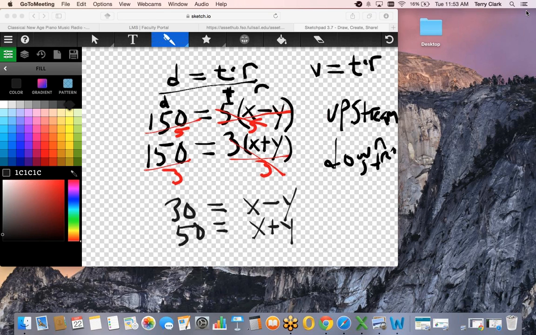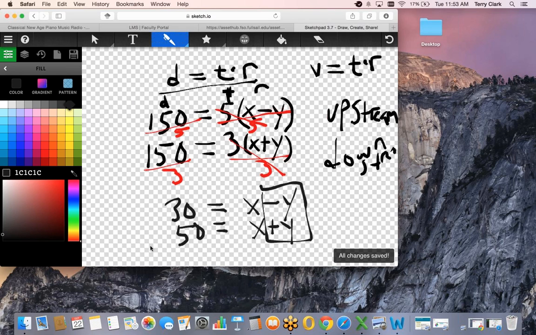The problem with distributing is you'll run into trying to find an LCM, a least common multiple, to cancel out. If you added the negative 5y and the positive 5y, they won't cancel out. But in this case, because I simplified the problem, these two things right here will cancel out when I add them together. So I'm going to add everything together, and that's going to give me 80.